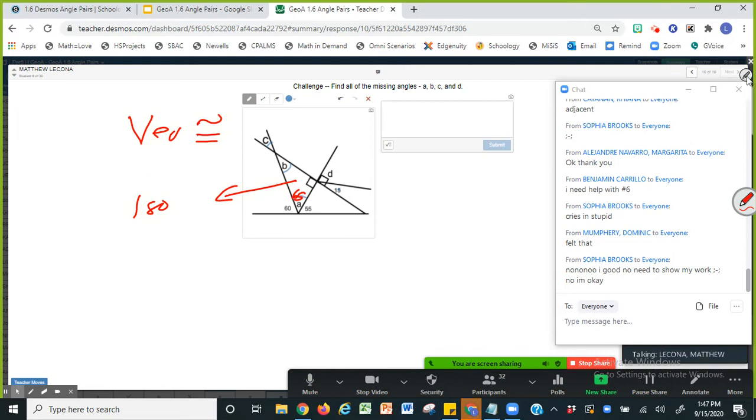What about D, is that 90 already? Do I know that? Oh yes, because it has that square, and it also forms a vertical angle with the 90 degree of the triangle. You see that? Yeah. All right. Cool.